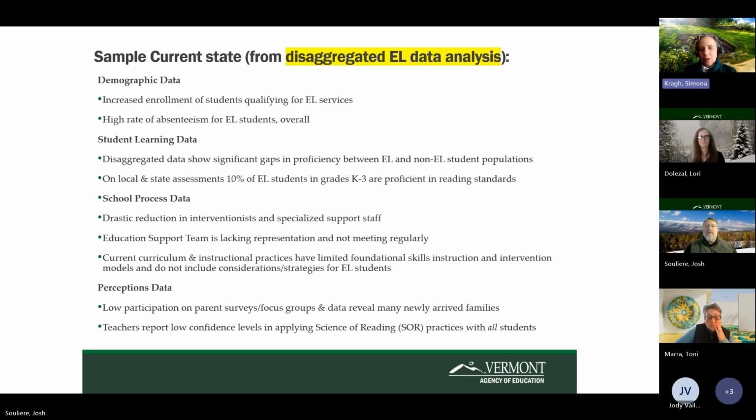For example, student learning data show that significant gaps in proficiency between EL and non-EL students are present. And on local and state assessments, only 10% of EL students in grades K through 3 are proficient in reading standards.